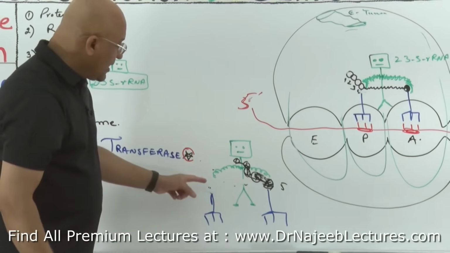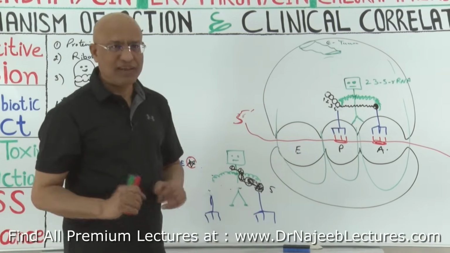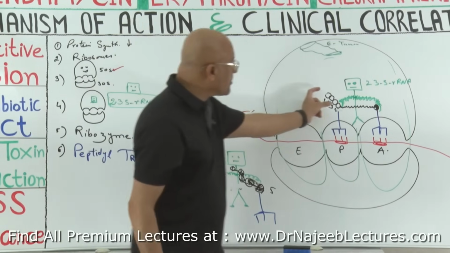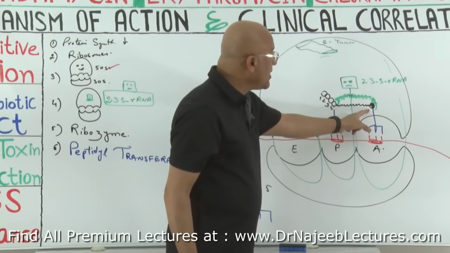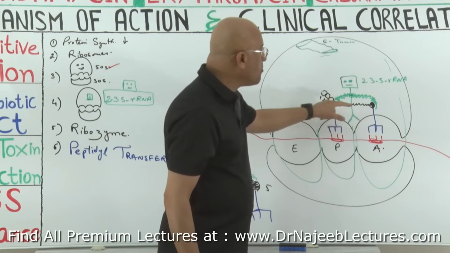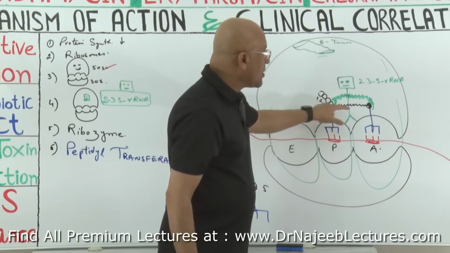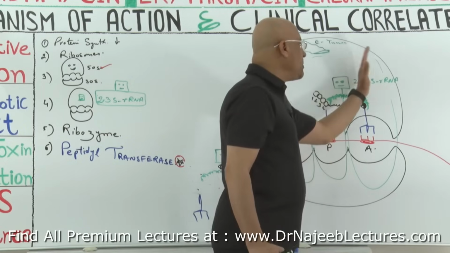That is why it is called peptidyl transferase. It has transferred the short peptide chain to the new amino acid. Step number 1, peptidyl transferase or ribozyme will make a bond between these two. And after that, this chain will be transferred there.